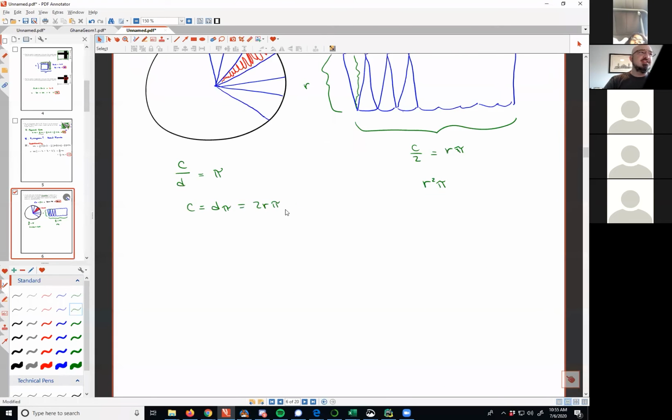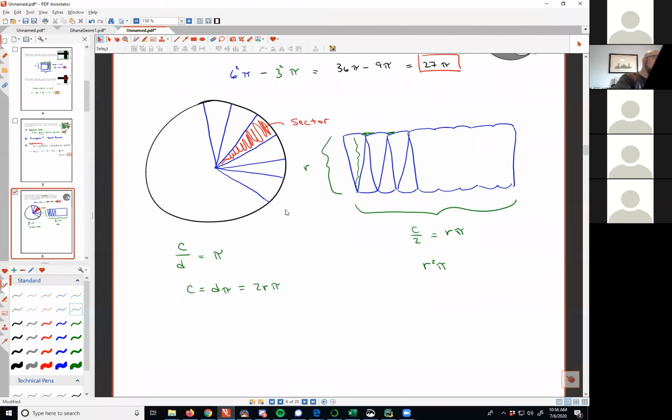I'm going to go ahead and mention this since we brought up the word sector before. Let's take a look at what a segment is. If we start with a sector like that and cut off the triangular part, that little shaded piece right there is what we call a segment.